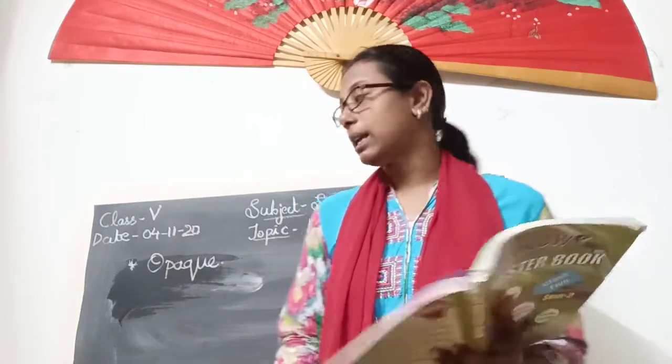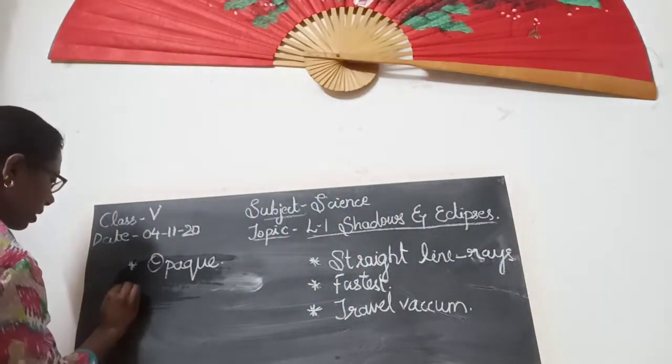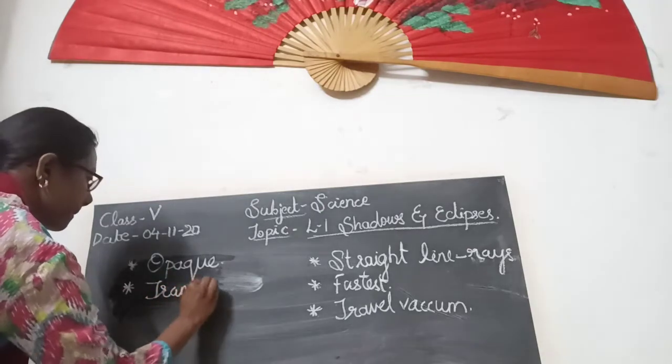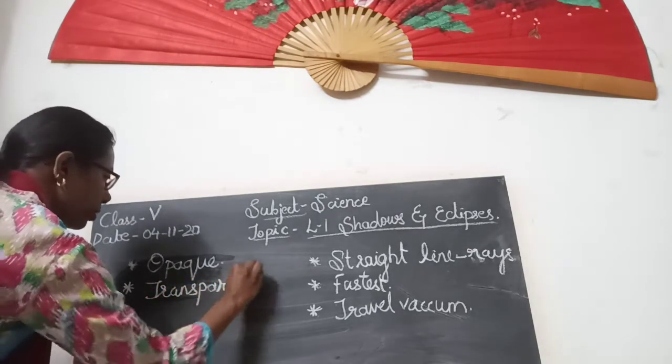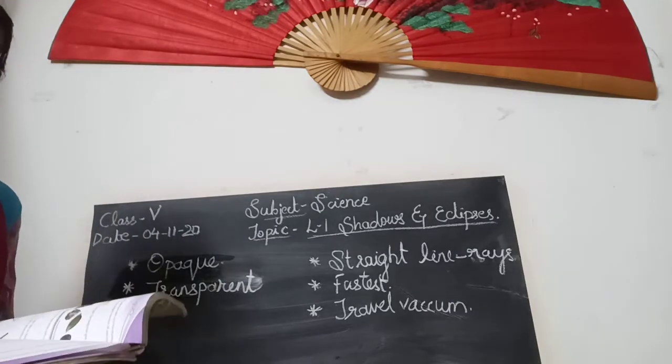Now coming to the next one, that is transparent. So what are transparent objects?